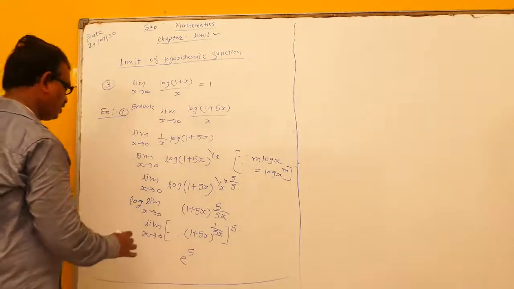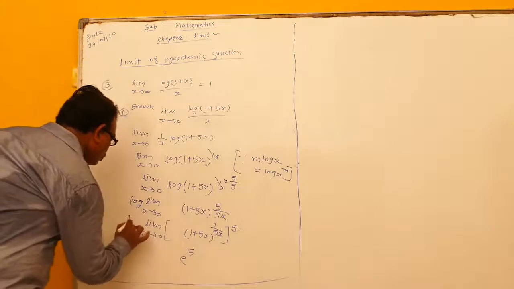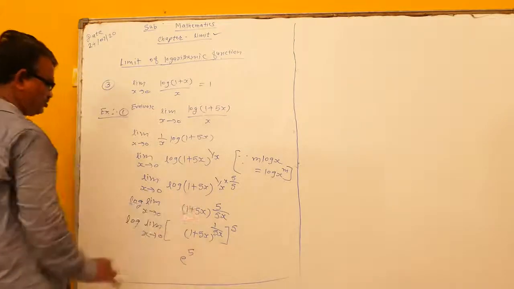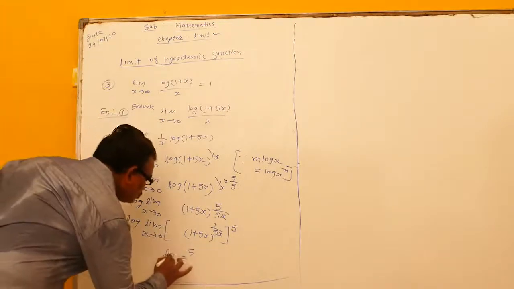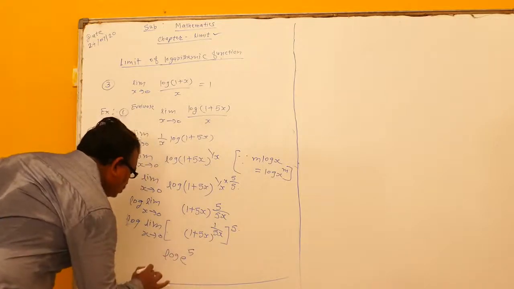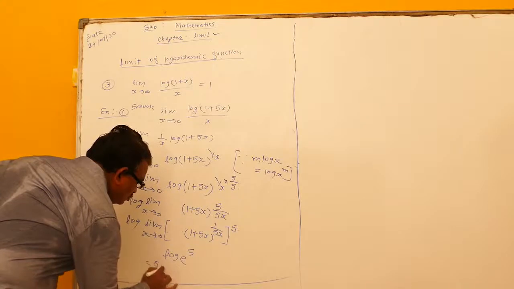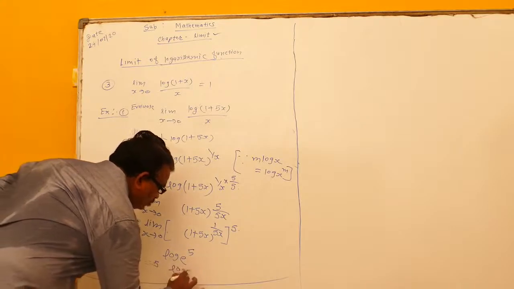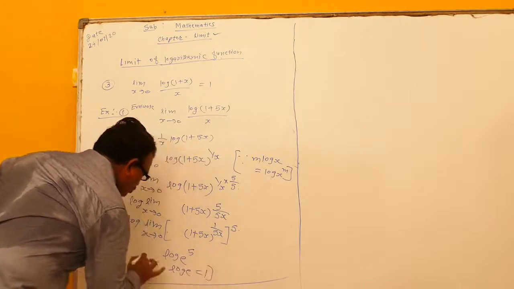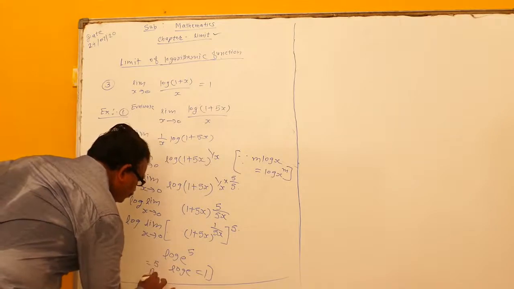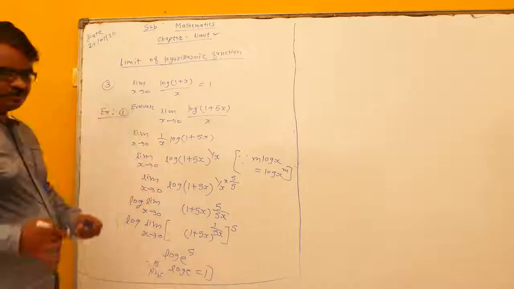Therefore it will be log of limit of x tends to 0, here is log of e. Therefore the answer is 5, because log e is equal to 1. Okay, we will finish here.